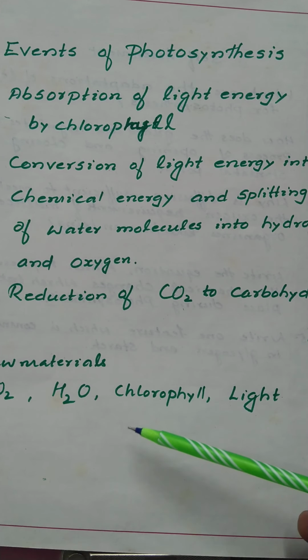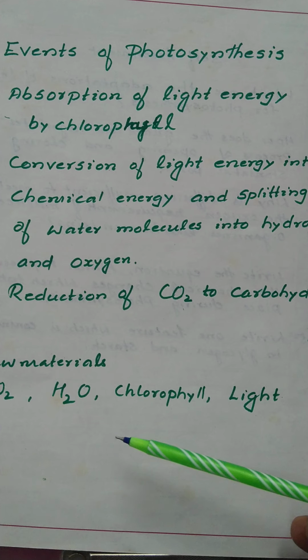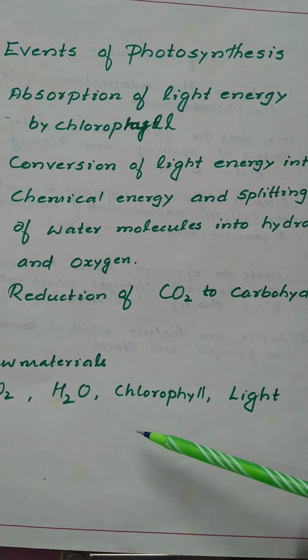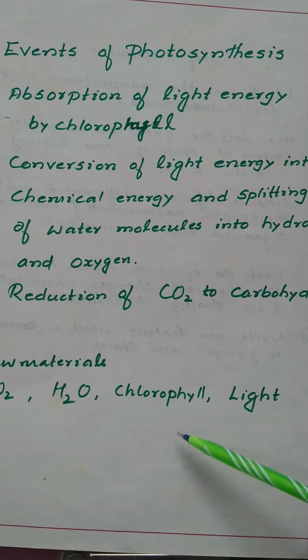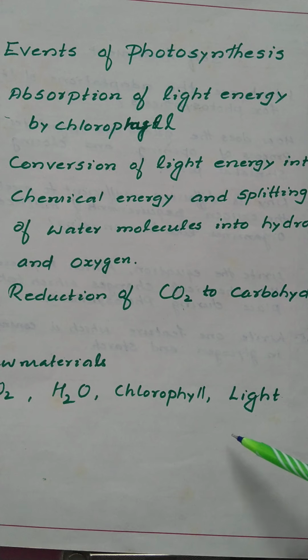Next is chlorophyll. These are the green colored pigments found in the chloroplast of the plant and are responsible for trapping solar energy as photons, thereby helping in the process of photosynthesis. Then light is another requirement, and it affects the rate of photosynthesis by varying the intensity and the duration.